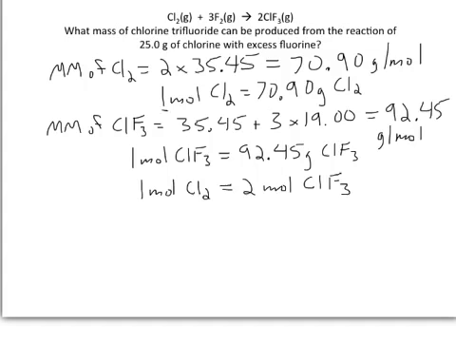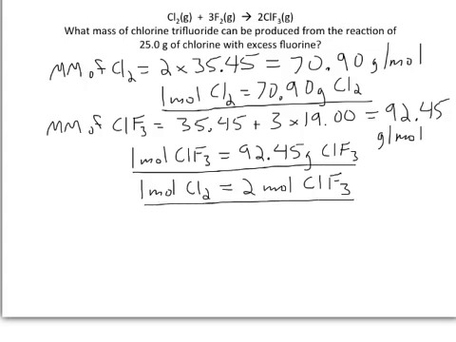So now that I have my three conversion factors, I can go ahead and convert between 25 grams of chlorine into the mass of chlorine trifluoride. Alright, so let's see what that would look like.